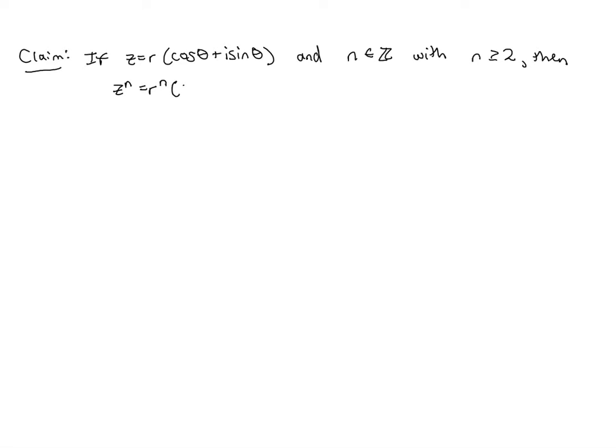Our claim is that if z equals r cosine theta plus i sine theta, and n is an integer with n greater than or equal to 2, then z to the n equals r to the n cosine of n theta plus i sine of n theta. So like I said, we're going to be using mathematical induction to show this.